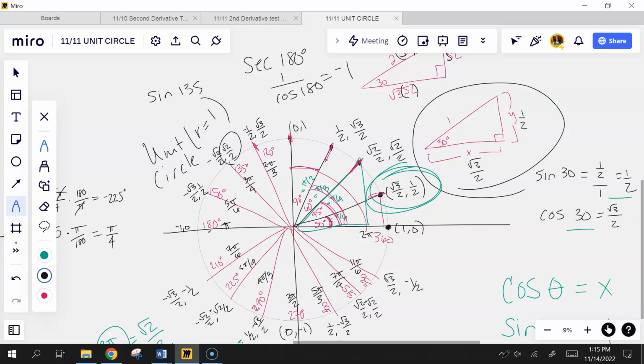Cosecant of 120. Close. Okay, cosecant is 1 over what? Sine. So whatever sine is there, I'm going to flip it over. Go to 120.